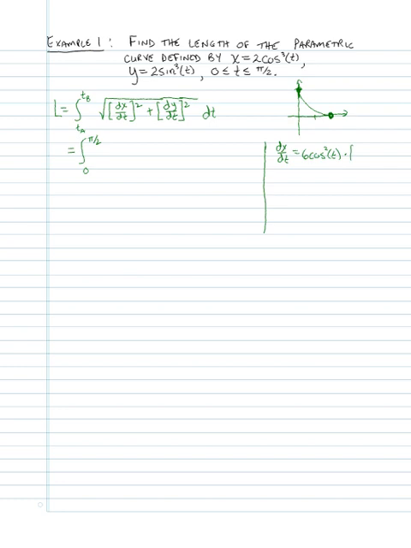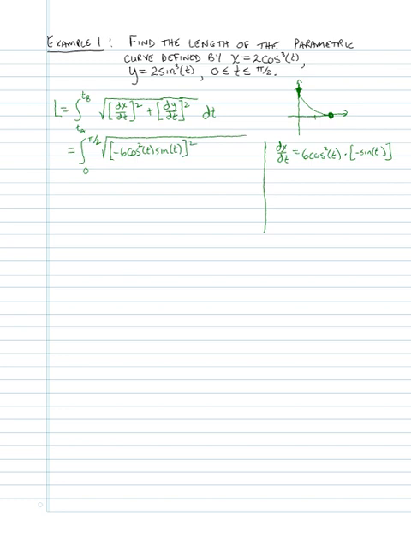So under this radical, this is probably going to be kind of long and messy, the derivative of x with respect to t is actually negative 6 cosine squared t sine of t, and of course that derivative is squared.